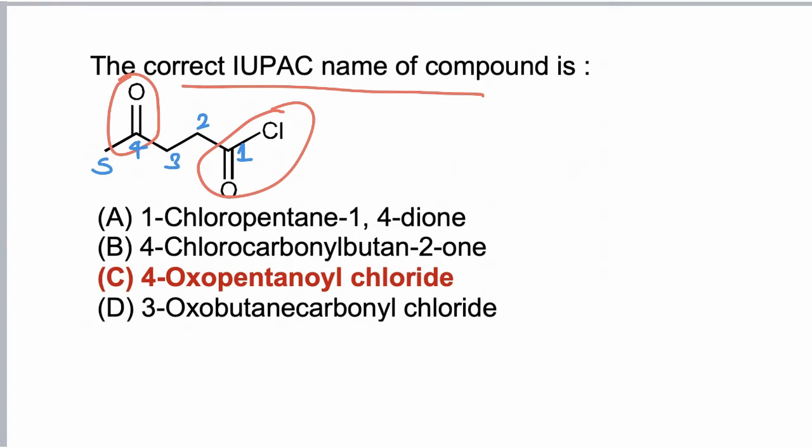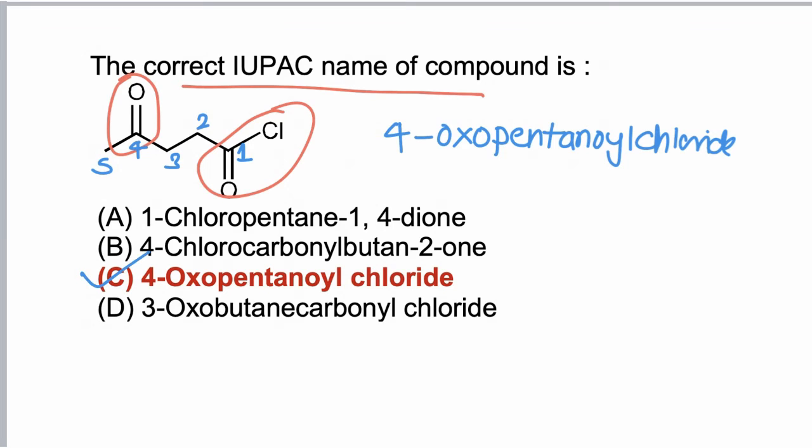So at the fourth position, a ketone functional group is present, for which we can use oxo or keto. So the name of the molecule is 4-oxo. Total 5 carbon atoms are present. So pentanoyl chloride, and this is given in option C. Hence the correct answer is C.